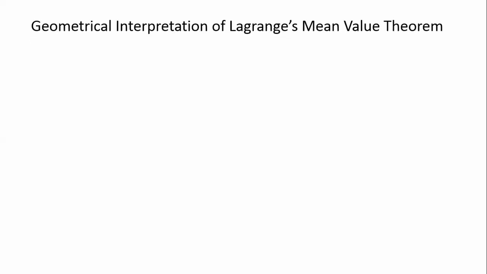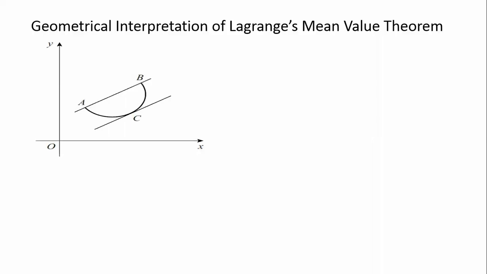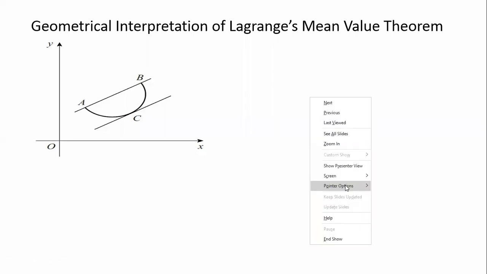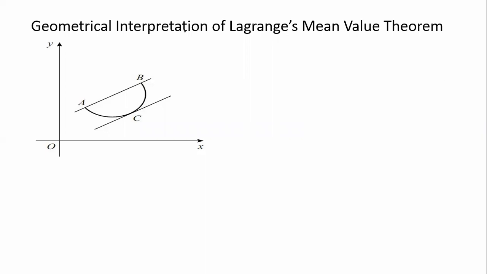And let us see the geometrical interpretation of Lagrange's mean value theorem. We can consider here a function represented by this curve. Let us call that function y is equal to f of x.